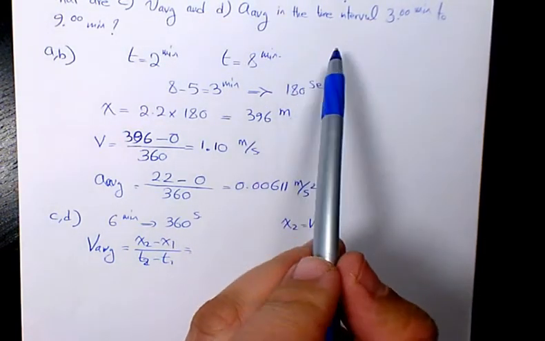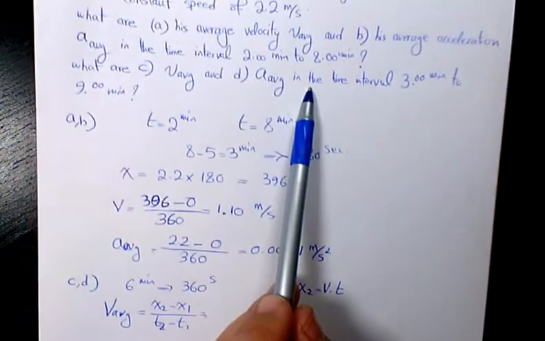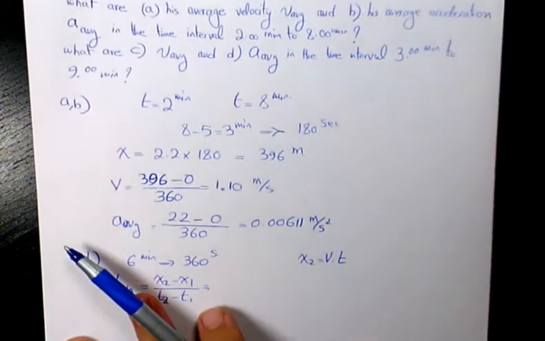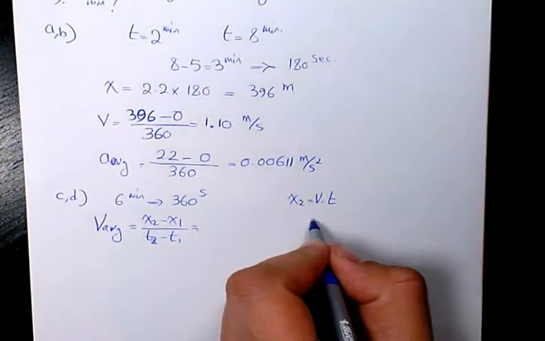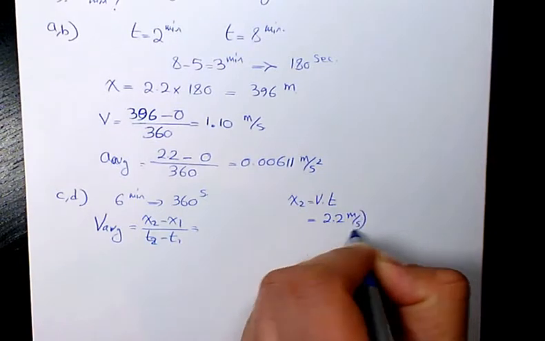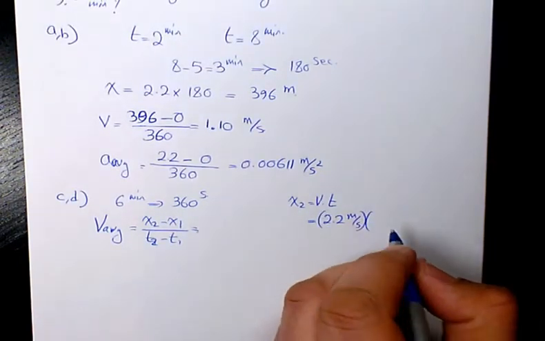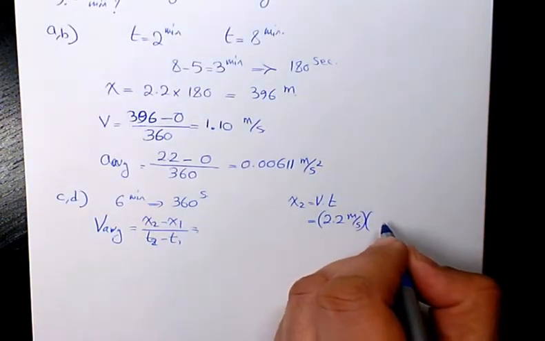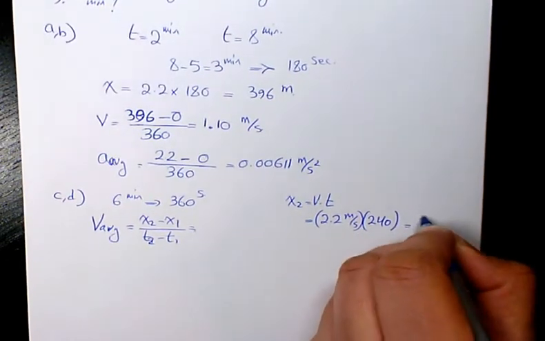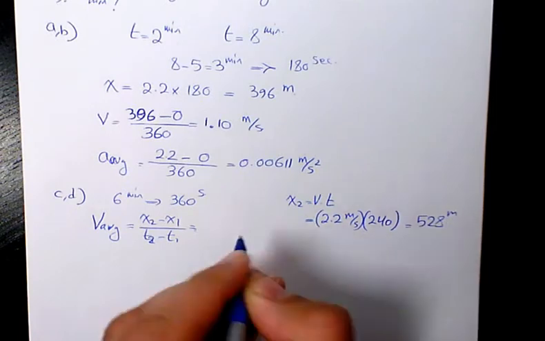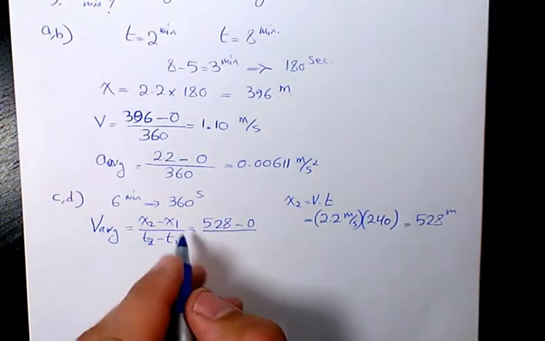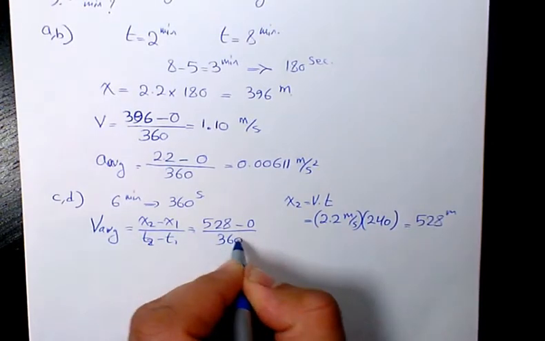The velocity was 0 till 5 minutes, and then from 5 minutes to 9 minutes we have 4 minutes, so 2.2 meters per second times 4 minutes. When you convert it to seconds, it's 240. That's going to make it 528 meters. So it's going to be 528 minus 0 divided by t2 minus t1, which is 360 seconds.